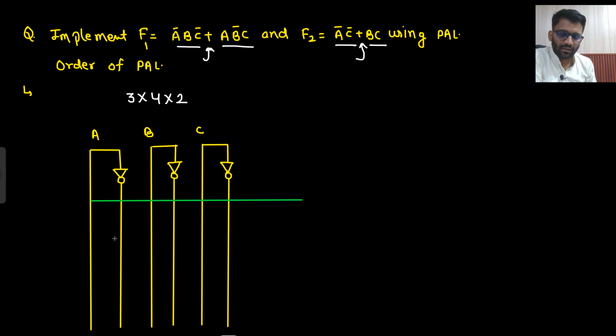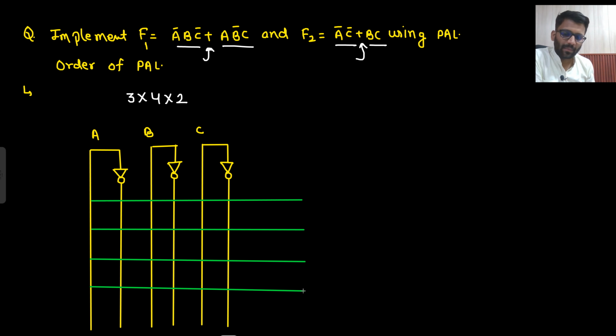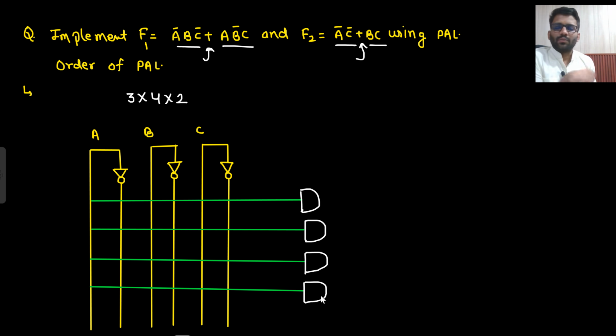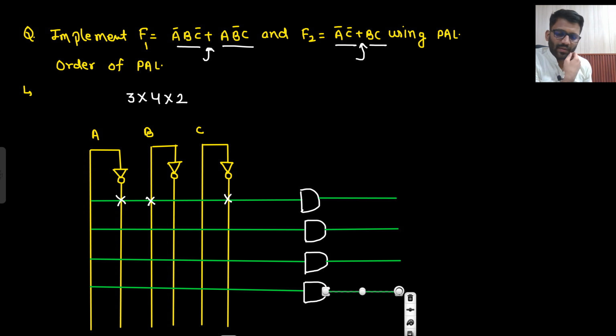So 1 line, 2 line, 3 line and 4 line. So A bar B C bar. This is the output. Outputs also I need to show. A bar B C bar, and what do I need?